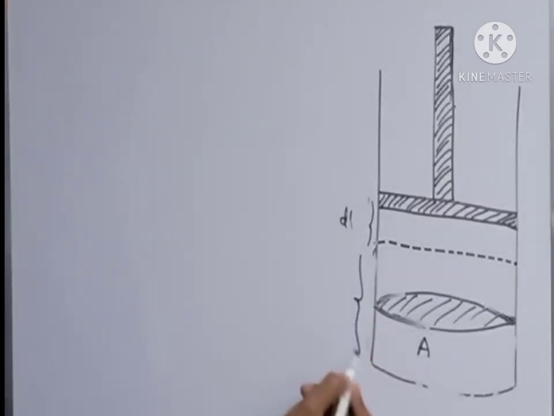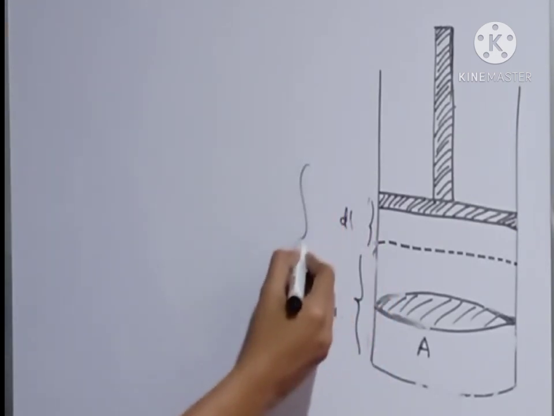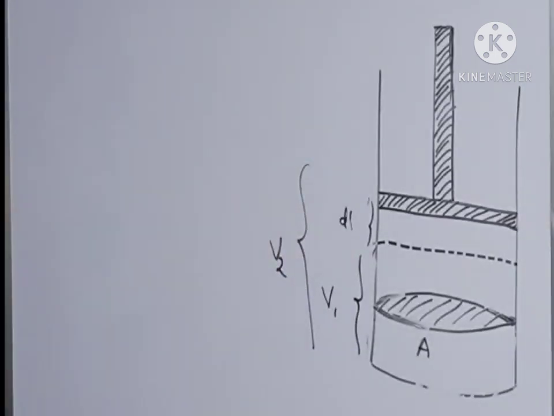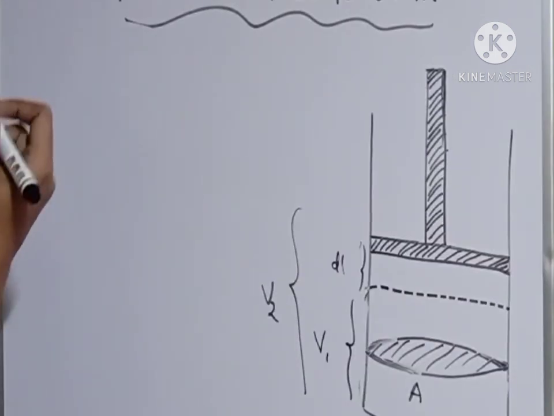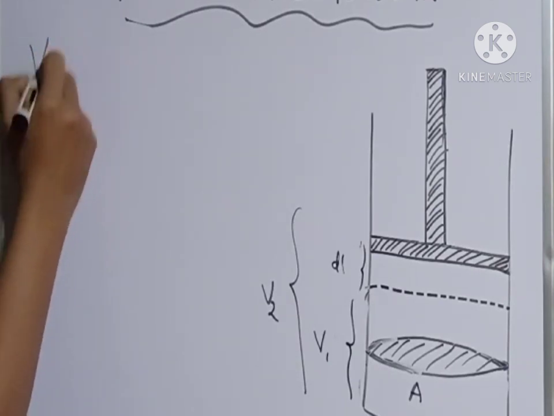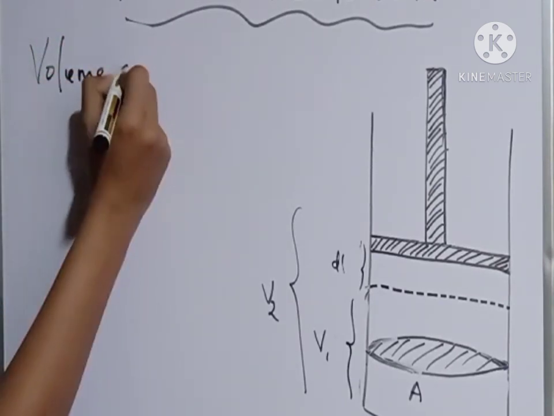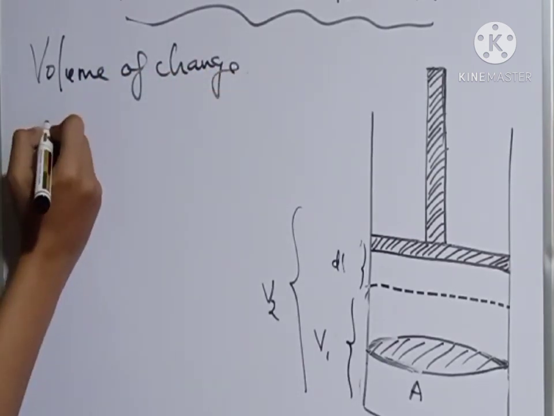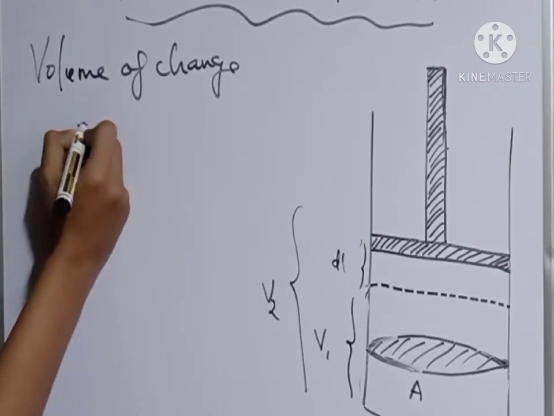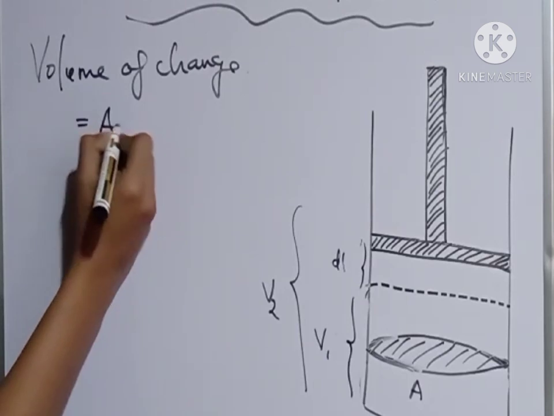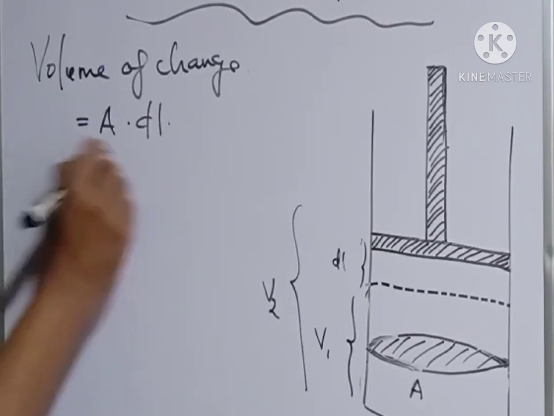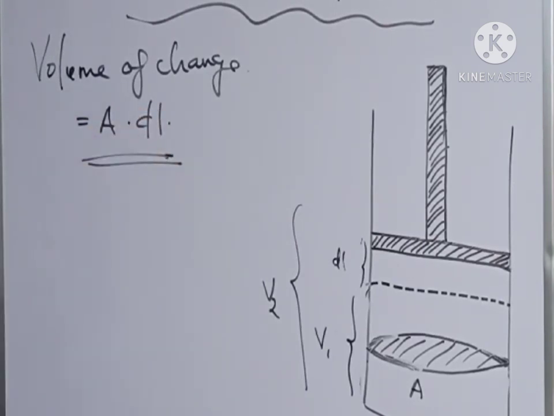Here this is V1, and this V1 is expanded to V2 by a small distance dl. So if we consider the volume change during the expansion, we can write it as A into dl. A is the area of cross section and dl is the change in distance.